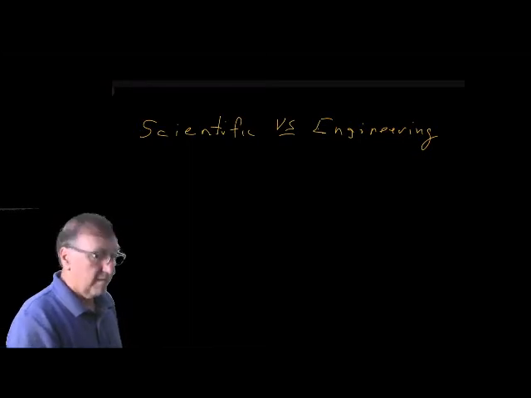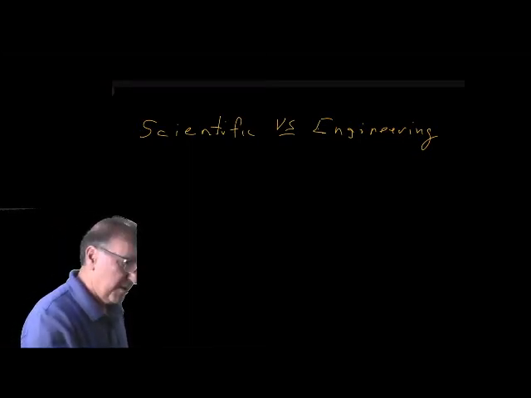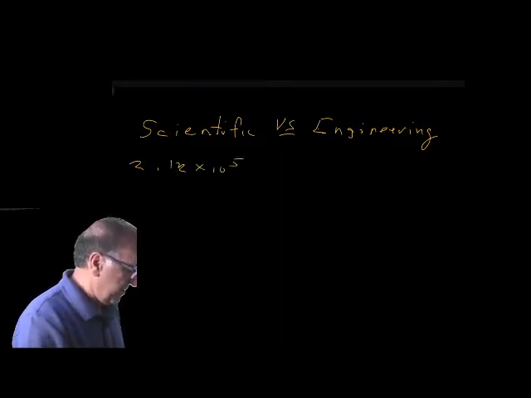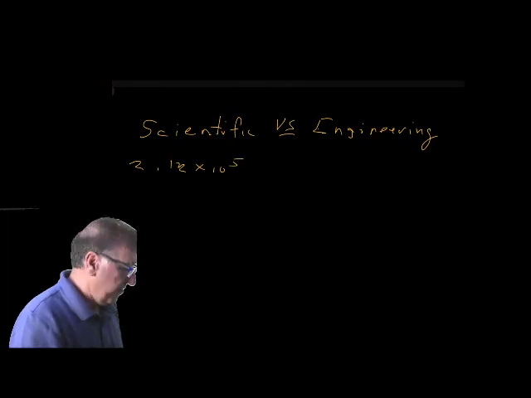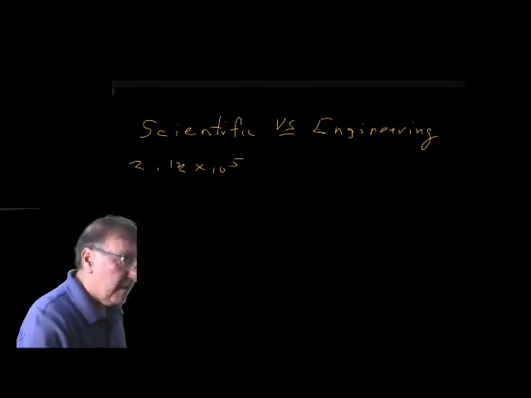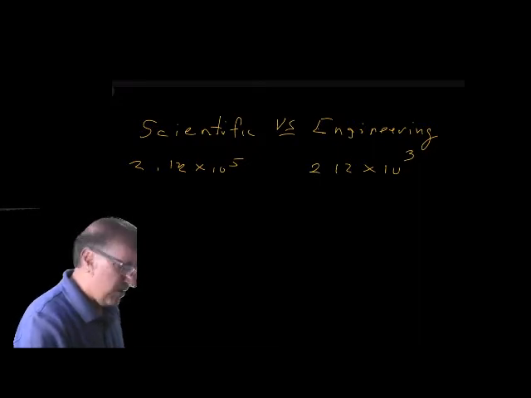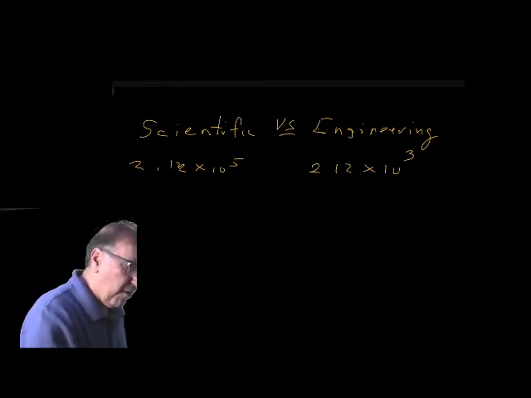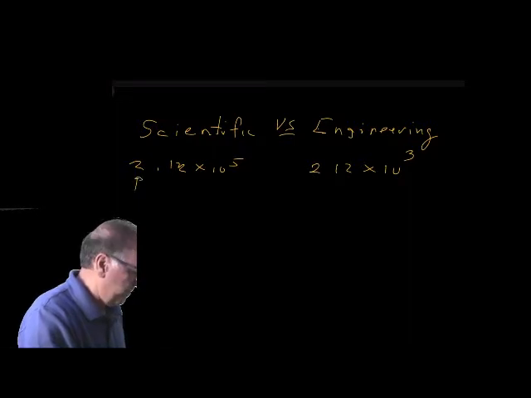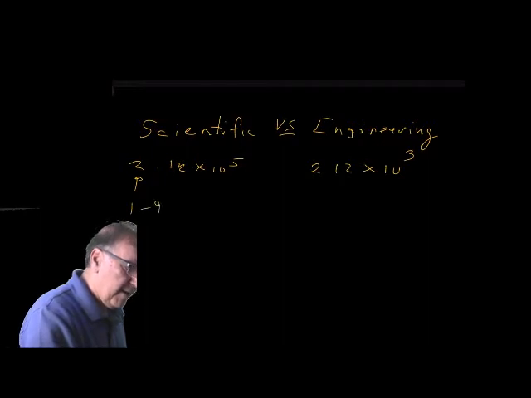If I write a number such as this one, 2.12 times 10 to the 5th in scientific notation, in engineering notation it would be 212 times 10 to the 3rd. So in scientific notation, you'll always have one digit in front of the decimal point, and so that can be a 1 to a 9.